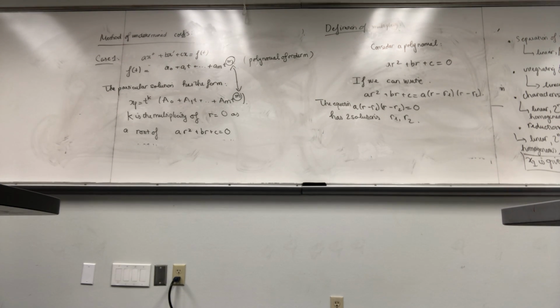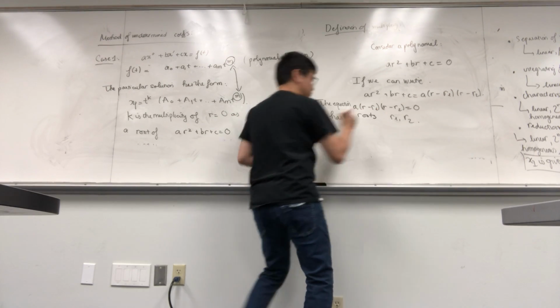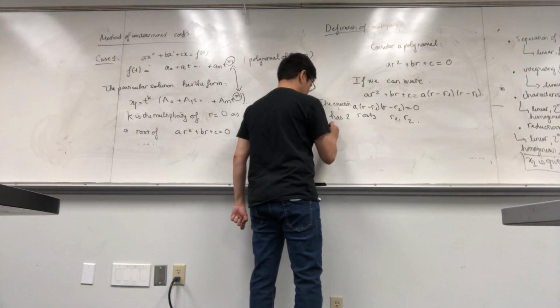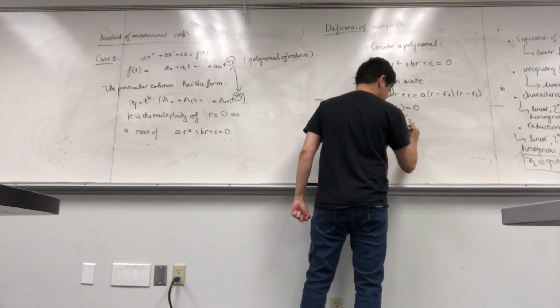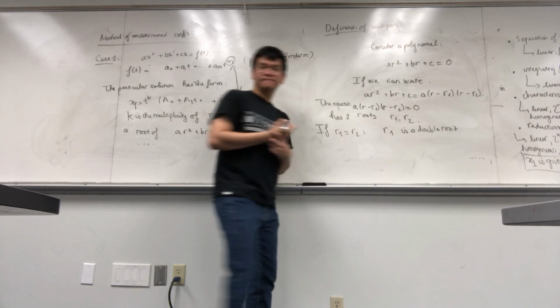Now, what happens if r1 is equal to r2? In this case, you have two solutions or two roots, right? So what do I call r1 if r1 is equal to r2? A double root. So if r1 is equal to r2, r1 is a double root, right?